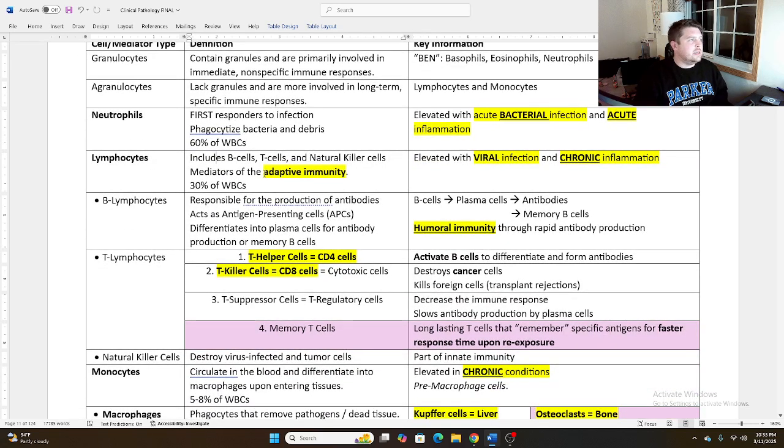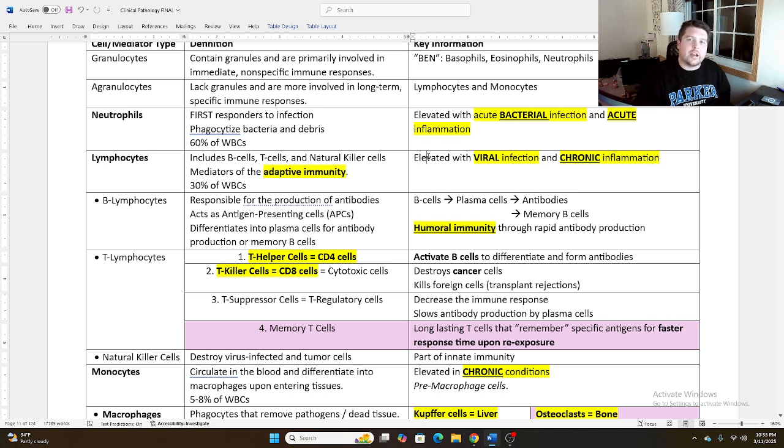Lymphocytes, these are part of our adaptive immunity, which means that they learn, they respond, they store the antibodies, and they learn and they know and they grow. These are going to be with viral infection as well as chronic inflammation.